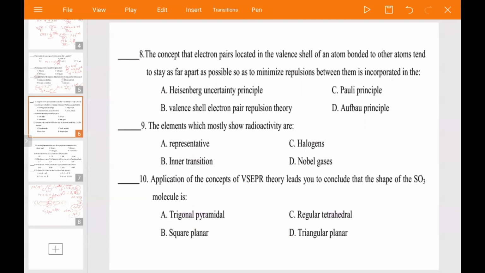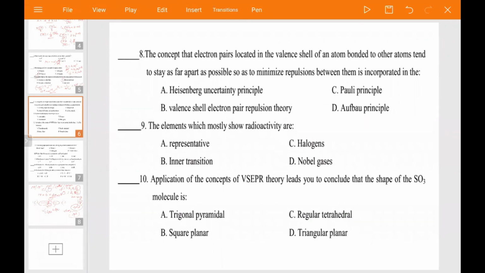Number 8. Read it and what is the choice? The concept that electron pairs located in the valence shell of an atom bonded to other atoms tend to stay as far apart as possible so as to minimize repulsion.